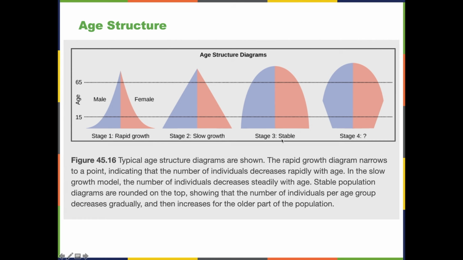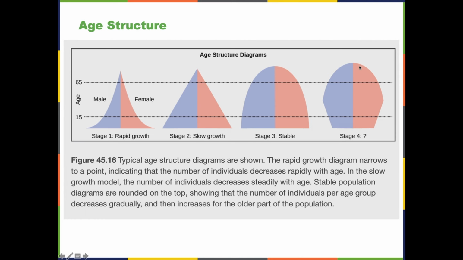Then you get to a stage where the population seems to form a stable number, because again you see that the proportion of people in the younger ages is kind of evening out with people in the older ages. So this population is said to be experiencing stable growth.